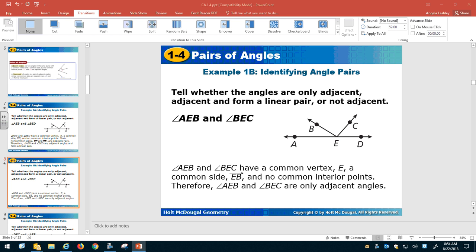And if you're having trouble, redraw them. Draw the one it says, then draw the next one it says, and see. Are they adjacent? Are they adjacent and forming a straight line? Or are they not adjacent at all?